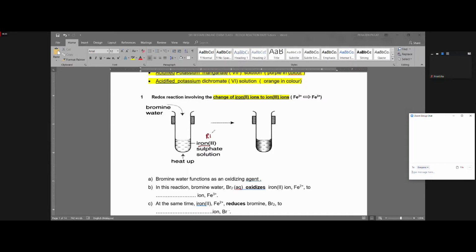Just note down here first. The sulfate doesn't play a role. Okay, then your bromine water or your aqueous bromine is your oxidizing agent. Usually when you add the oxidizing agent to reducing agent, you must heat up to speed up the rate of reaction. Okay, so you can see the color change here. We'll discuss now. Ready? Okay, let's go for the first one.